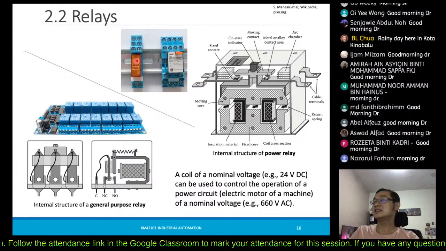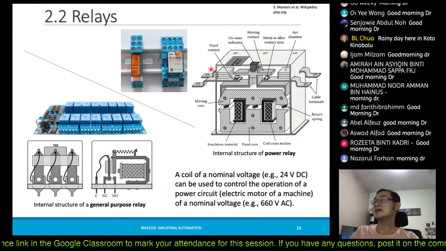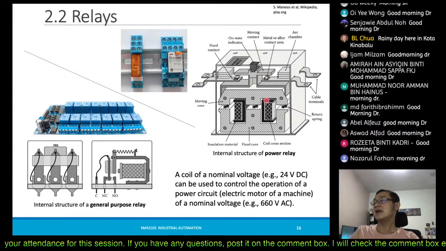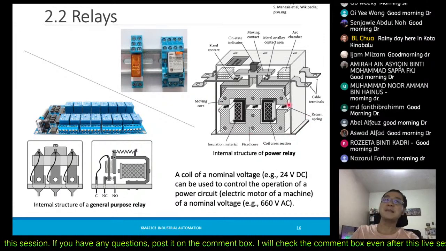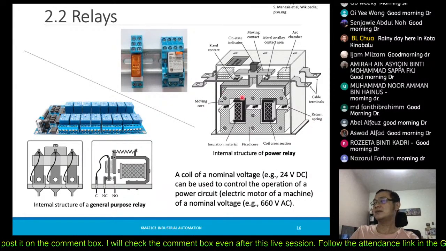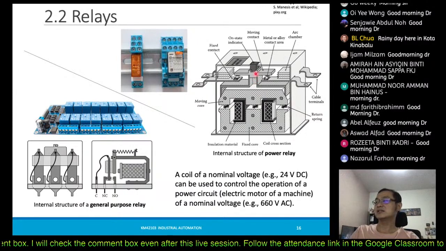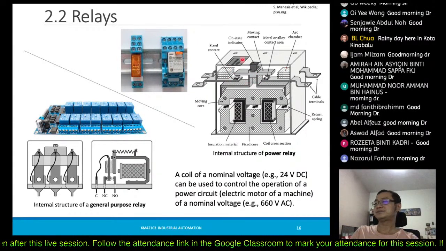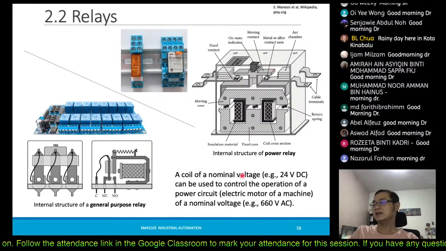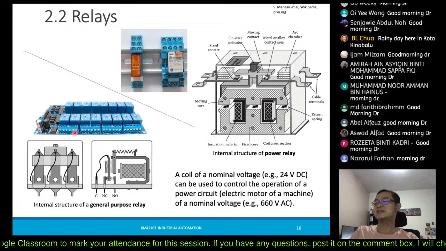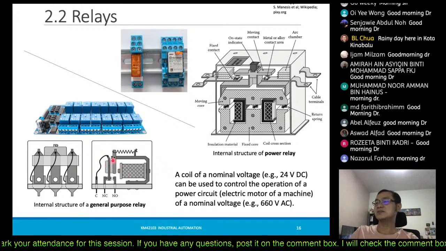Here this part is the relay, and inside you have the moving part and the electromagnetic part. This is the auxiliary part that controls the contact of this switching. Then the general purpose relay is also very similar, on a smaller scale.